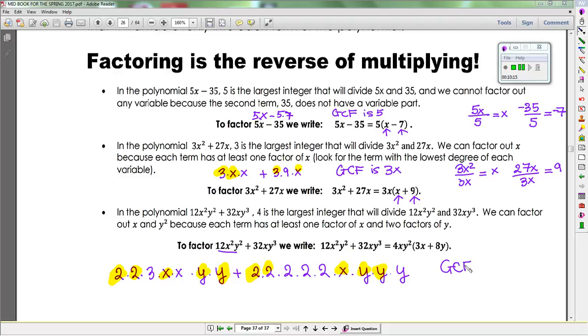So our greatest common factor is 4xy to the power 2. Now you can factor this out.